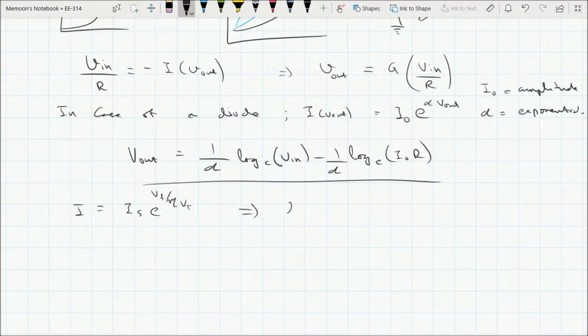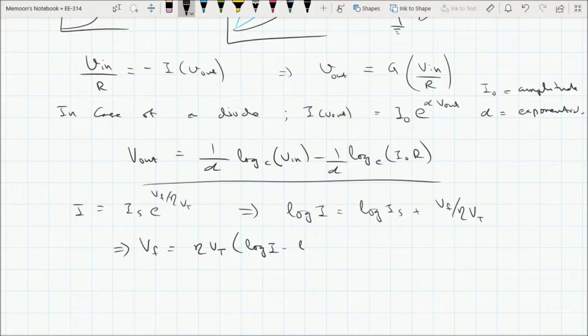This means that log of I is equal to log of Is plus Vf over eta Vt, and from here you can see that Vf is equal to eta Vt times log of I minus log of Is. Again, almost the same expression will be derived.